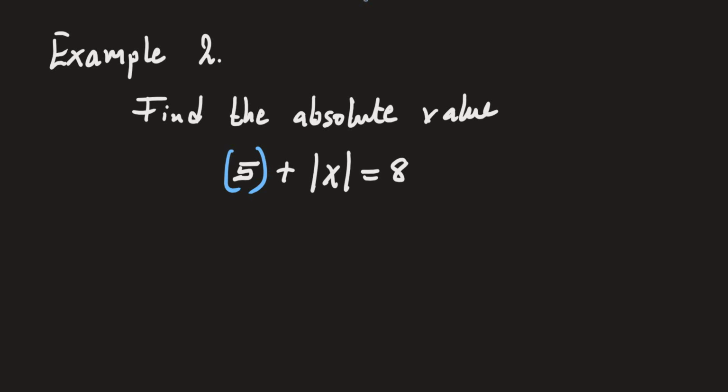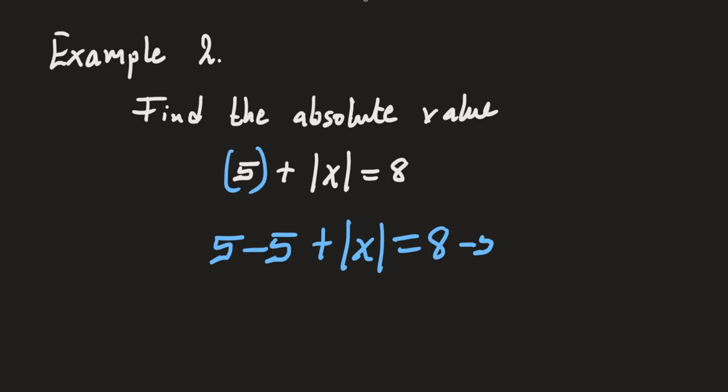So this will become 5 minus 5 plus the absolute value of x equals 8 minus 5. So now 5 minus 5 is simply 0, so we can strike it from here.